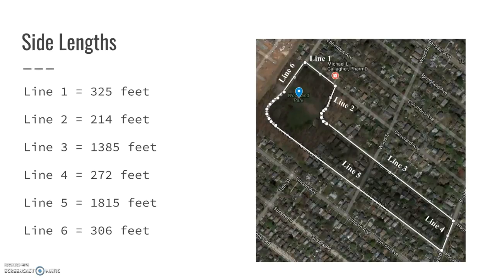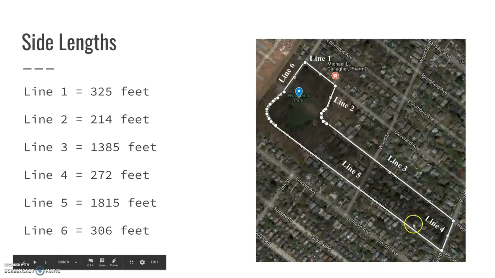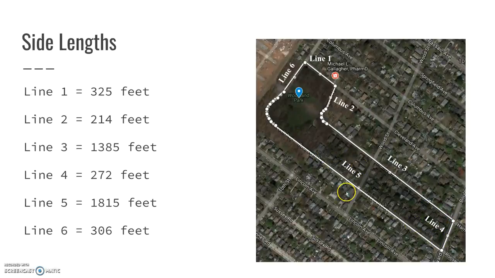With line 1 along Cleveland Avenue being 325 feet, line 2 along Harrison Avenue being 214 feet, line 3 along Harrison Avenue once again being 1,385 feet, line 4 along the boulevard being 272 feet, line 5 along Roosevelt Avenue being 1,815 feet, and last of all, line 6 along the Woodland Park Trail being 306 feet.